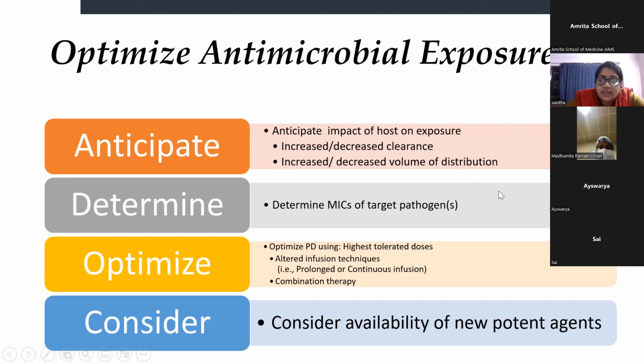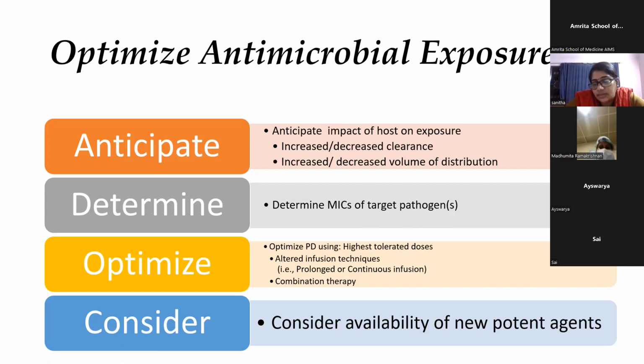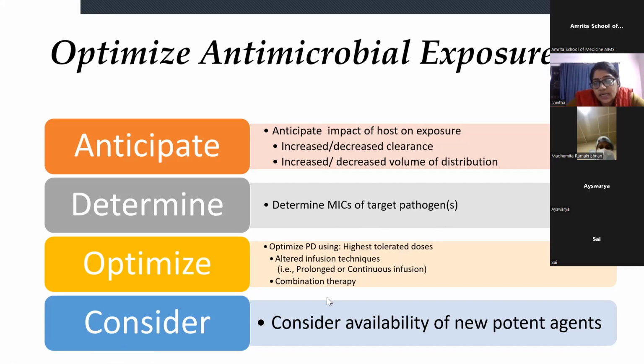Then we have to see the minimum inhibitory concentration of target pathogens, and we have to optimize with maximum tolerated doses, and we have to achieve the plasma concentration using altered infusion techniques. Like if the antibiotic follows time dependent killing, the maximum antimicrobial killing depends on the time above the minimum inhibitory concentration, then we have to look for prolonged or continuous infusion.